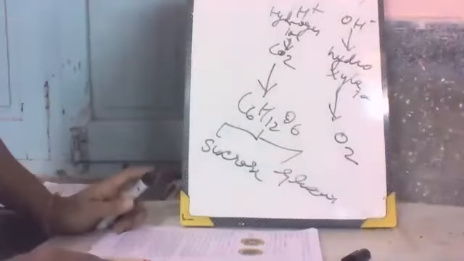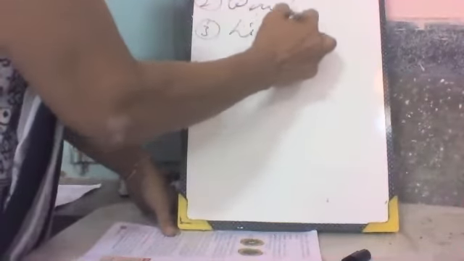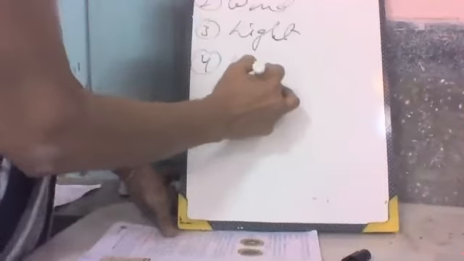The factors affecting photosynthesis. There are four different factors which affect photosynthesis. One is temperature, another is wind, the third one is light, and the fourth is humidity.